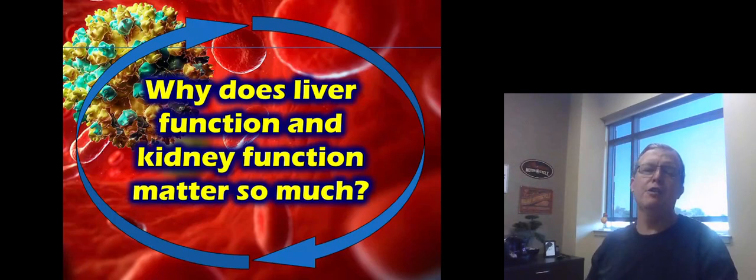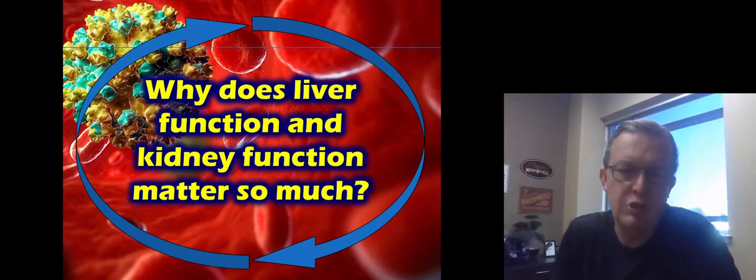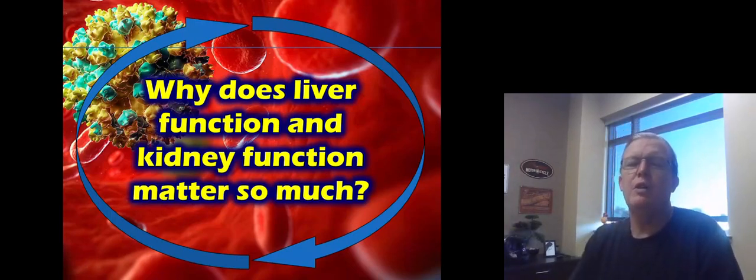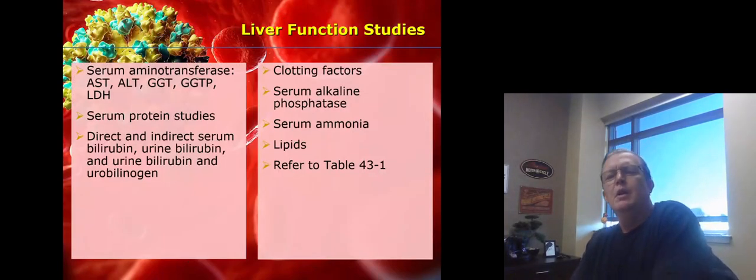If you have poor kidney function, but your liver's okay, it may mean that the kidney's not clearing those drugs, and those drugs stay in the system longer. If you have both, we have to consider titrating or adjusting dosages so that we don't give patients too much of what would be normal for someone with normal kidney and liver function.